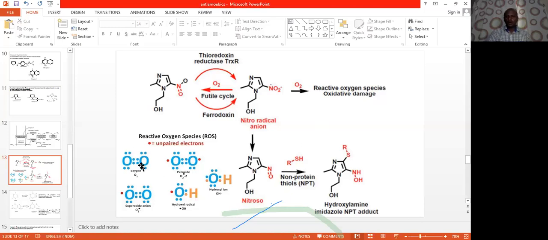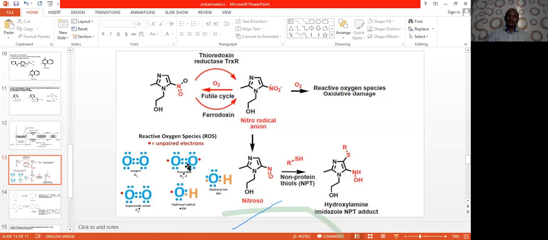This is O2, oxygen diatomic, and then this is hydrogen peroxide. You can see the red dot, that is free radicals, and then this is a superoxide. You have only one lone electron, and this is the hydroxyl radical. So all these oxygen species which have unpaired electrons are called reactive oxygen species.